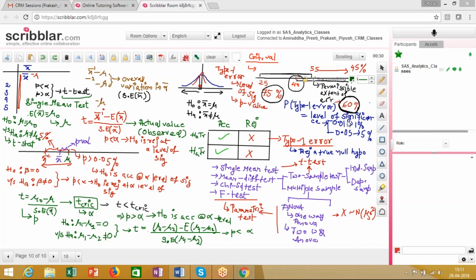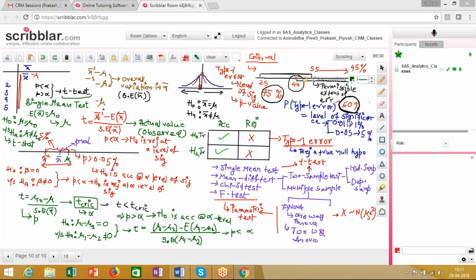So if you are trying to assess whether there is a significant difference in the mean or not, then the overall variance in the two data sets must be more or less similar. So we should actually test whether the variances are significantly different or not. That is where we need to do a variance check.